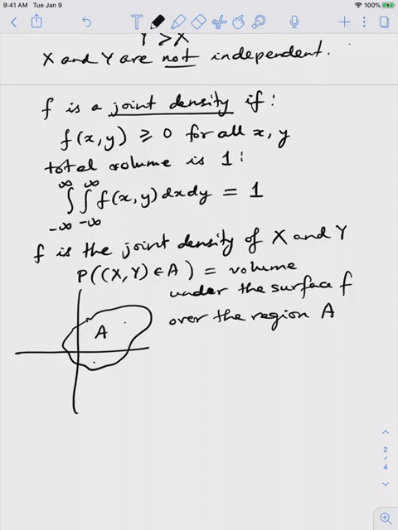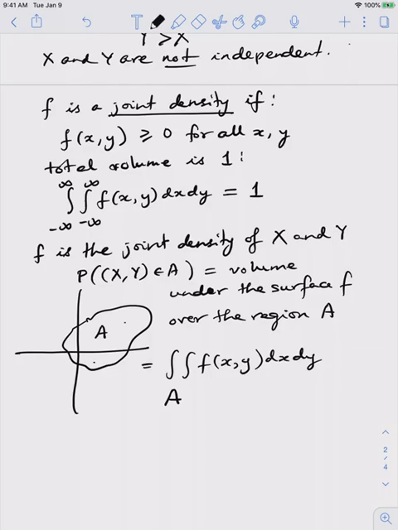Formally, mathematically, that is the integral of the function f, that is the integral of the surface, over the region A. And we're going to spend quite some time with specific regions and trying to figure out exactly what is the calculus that helps us integrate that and come out with a number.